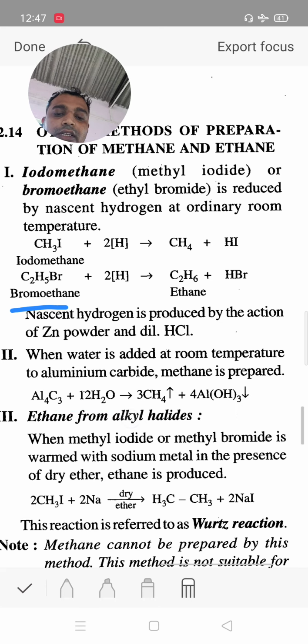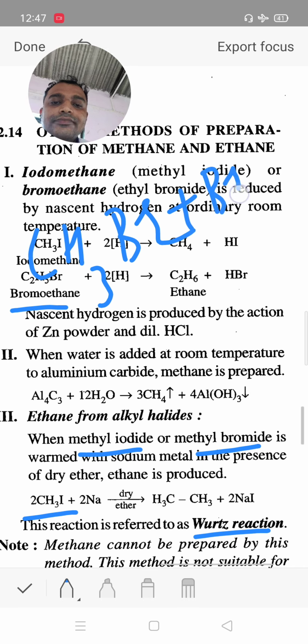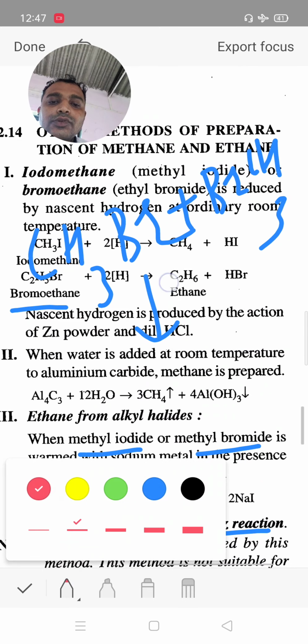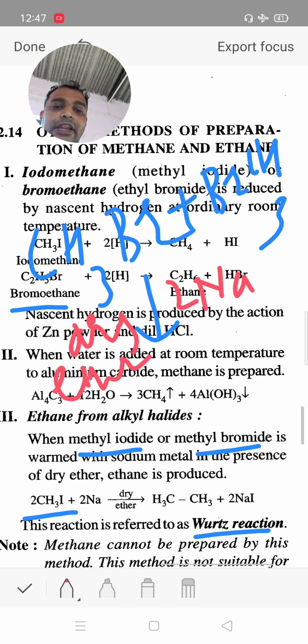Third, the Wurtz reaction. In the Wurtz reaction, 2 molecules of methyl iodide or methyl bromide, CH3Br plus CH3Br, react with sodium metal in presence of dry ether.